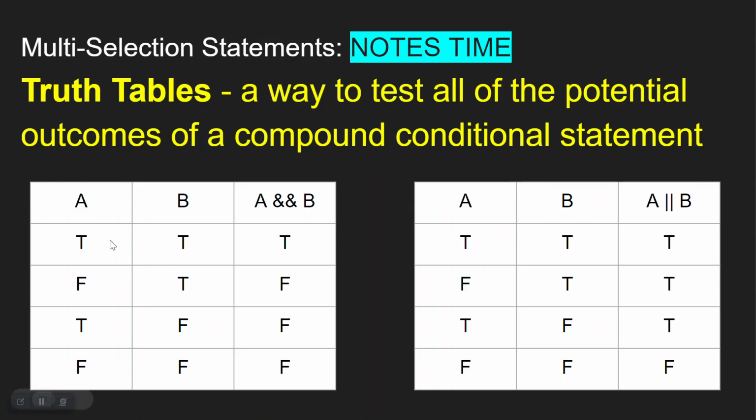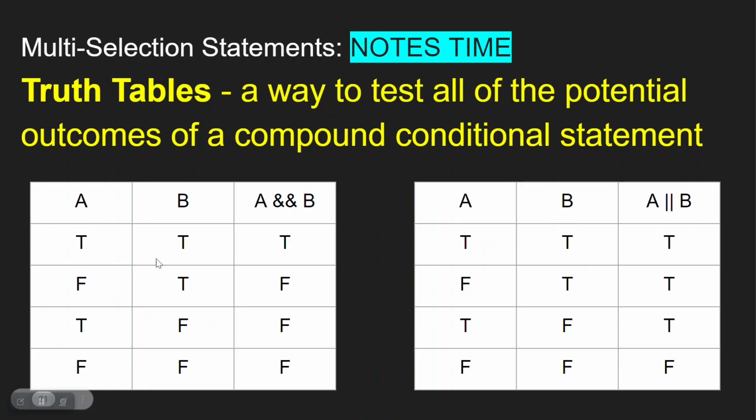Now, to create a truth table, you do a column for your first condition, and then you label it as true, false, true, false. Then you do a column for your second condition, and this time you go true, true, false, false. This gives you all of the potential combinations of true, false outcomes for these conditions.